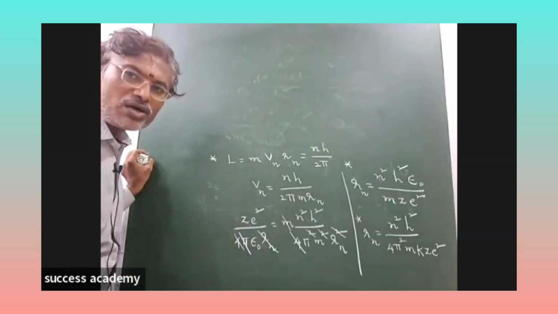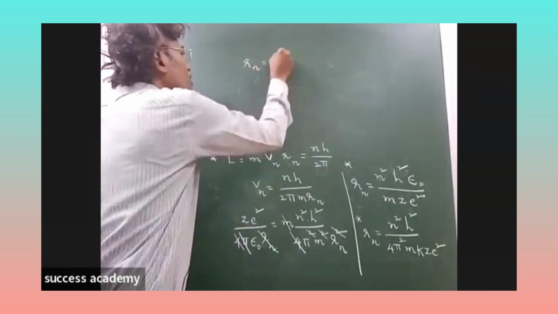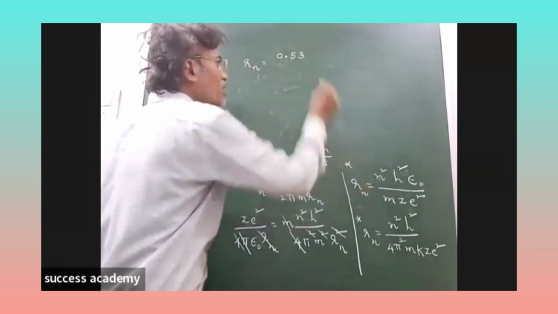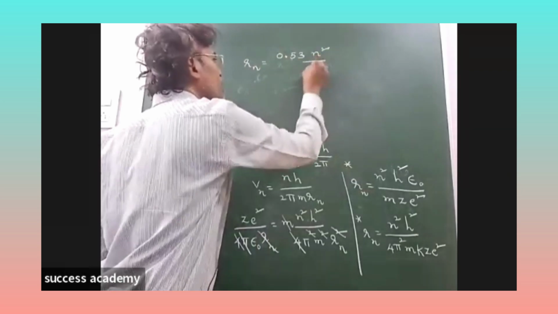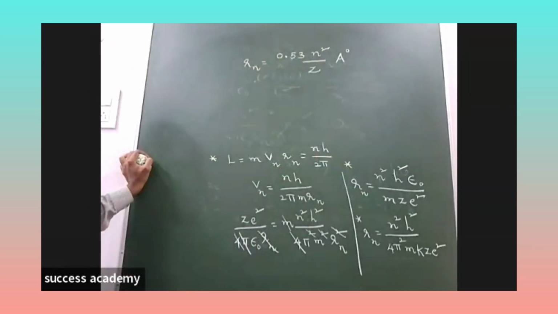If you substitute all the constants there, then you will get the value as Rn is equal to 0.53 n square by Z Armstrong units.